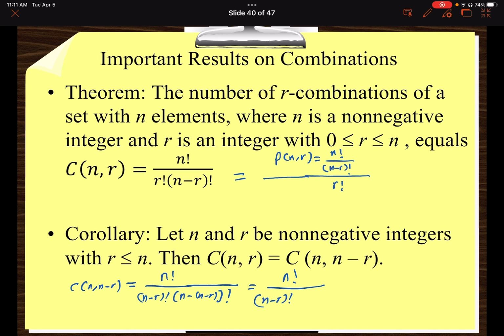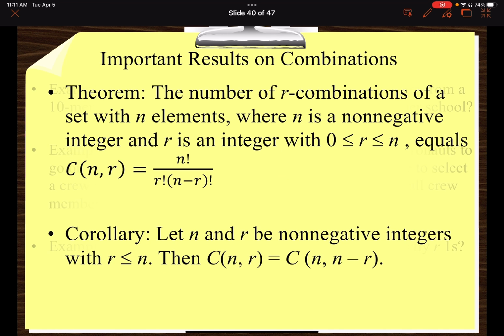Now what is n minus (n minus r)? It's a one-liner.